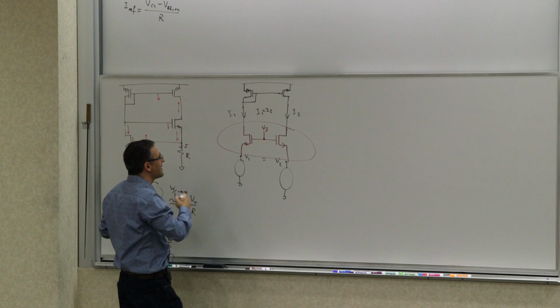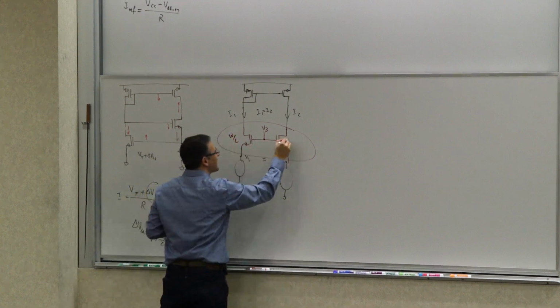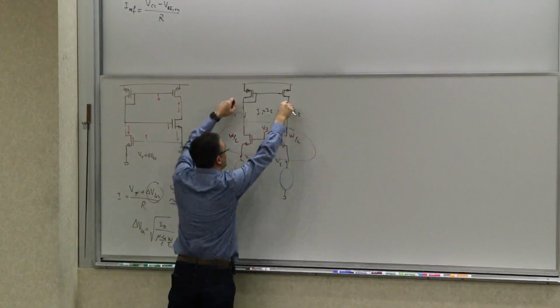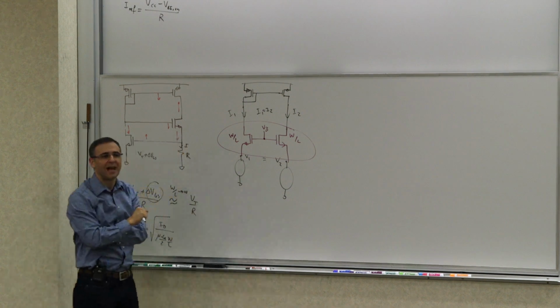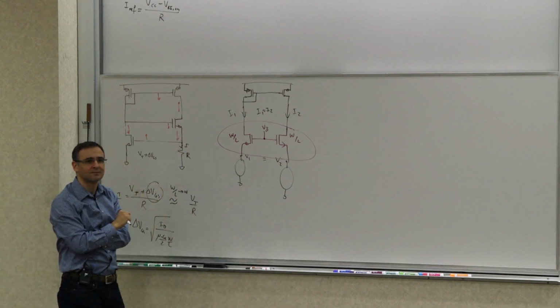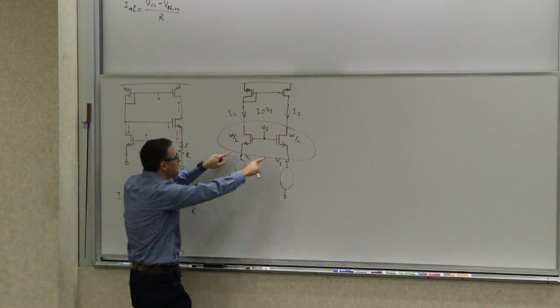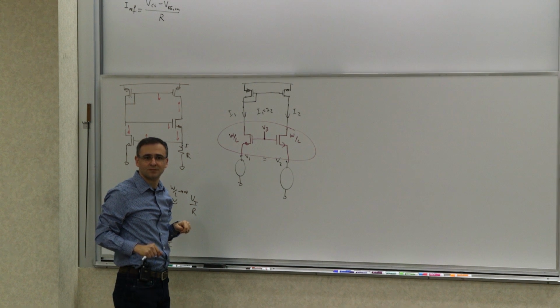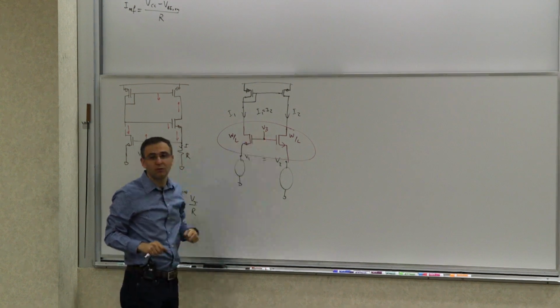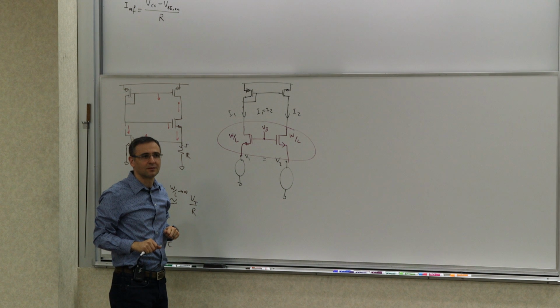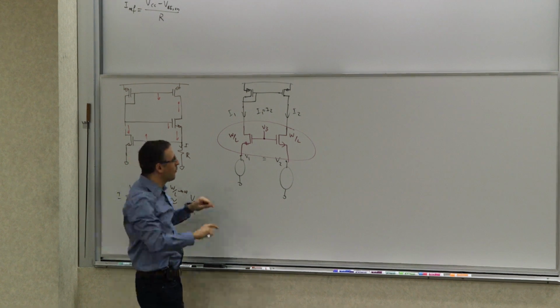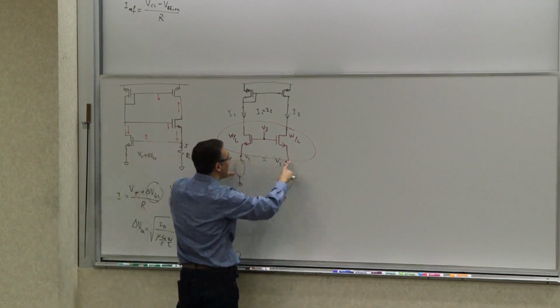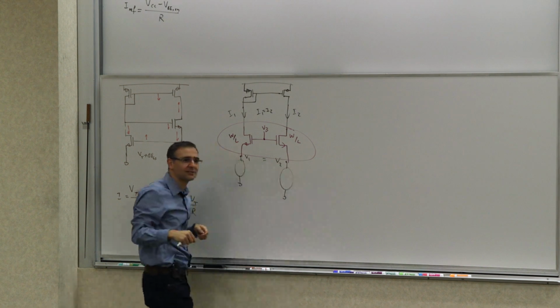Do you agree that these two transistors, if they have the same size and they are forced to have the same current, will have the same VGS, to first order? So these two voltages have to be equal, because they are both VGS below V3. So you can force these two branches to have the same voltage and the same current.